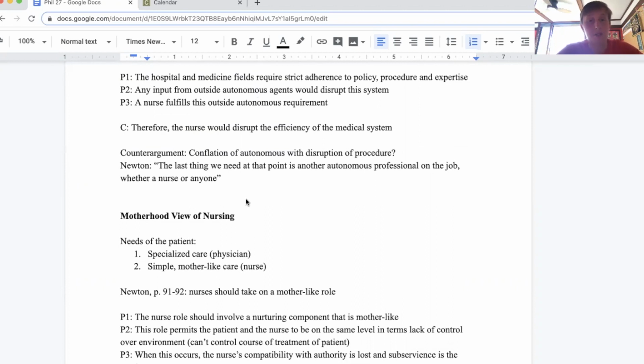A nurse fulfills this autonomous requirement, therefore the nurse disrupts the efficiency of the medical system. The counter argument to this is that Newton could be conflating autonomous with disruption of procedure, because just because a nurse is autonomous, that does not necessarily indicate the disruption of procedure. You could be autonomous and contribute to the procedure very nicely. So that's just a counter argument.